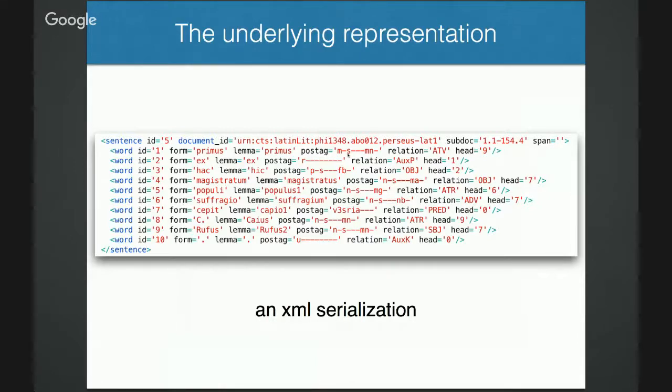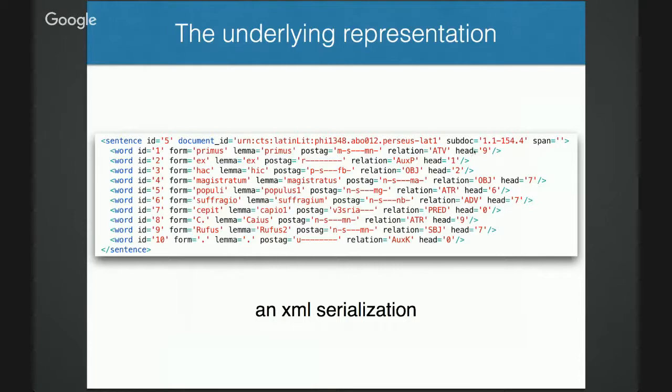Similarly, then you have a lot of words, and each word again is specified by a number of attributes. The form is, of course, the word form, basically the word that we find in the text. Then we have the lemma, the part of speech tag, which is the morphological annotation. Then we have the relation attribute containing the syntactic label, which says what kind of relationship the dependent has with respect to its governor, in this case Rufus.